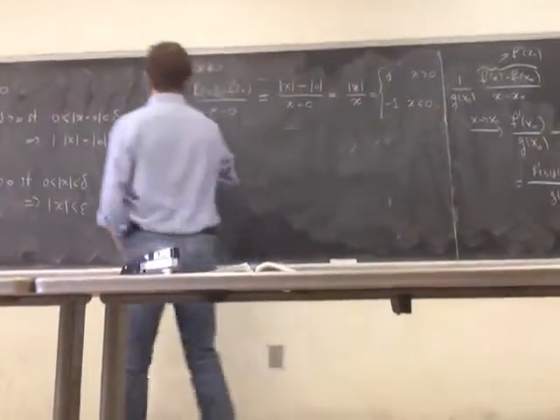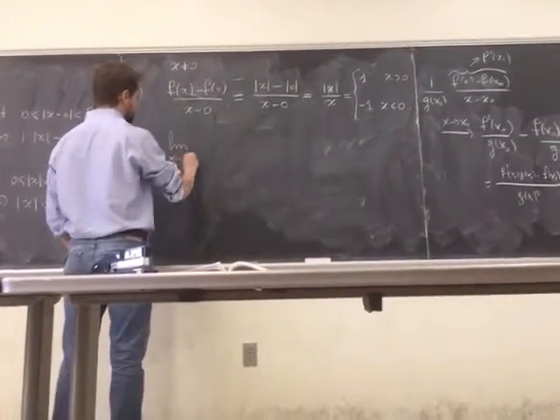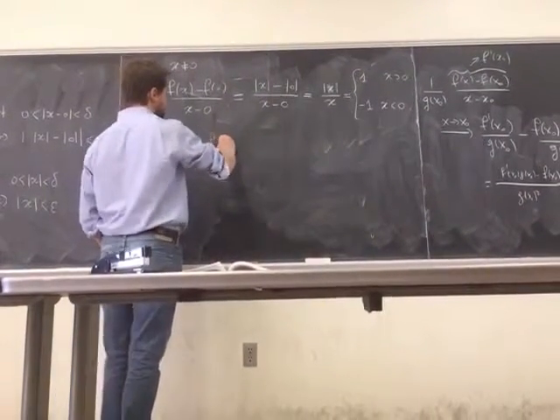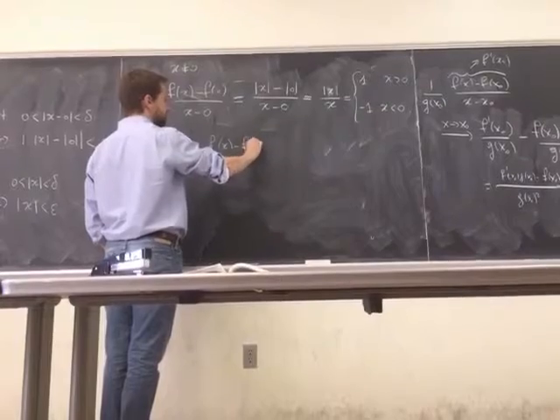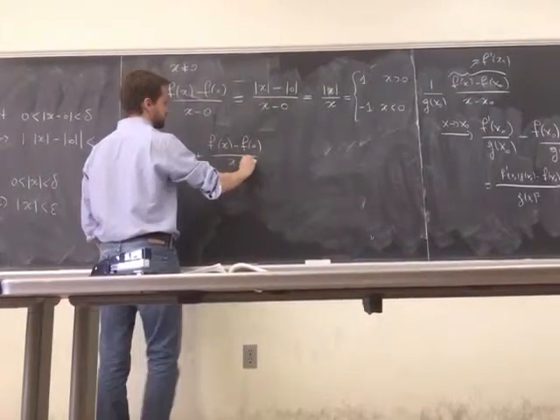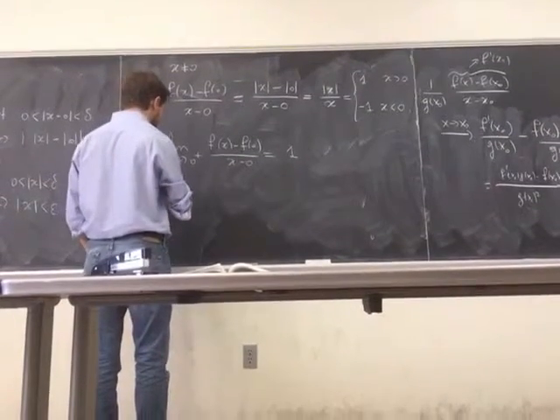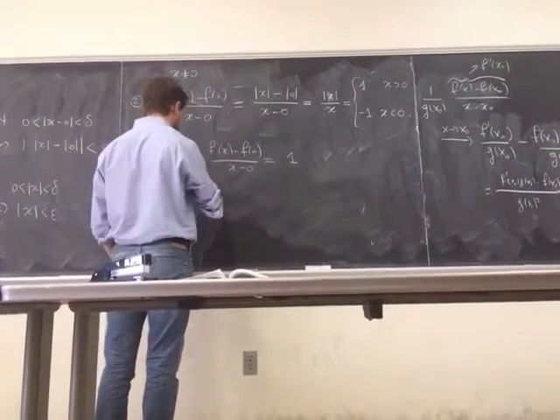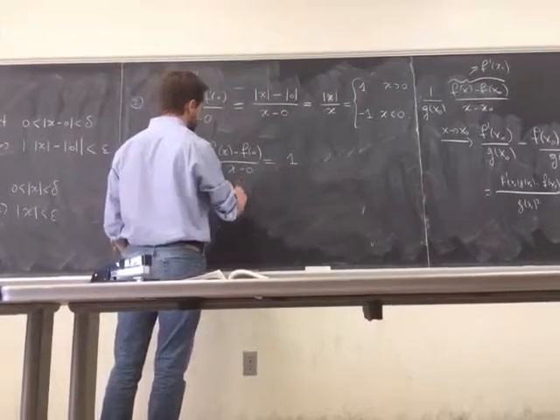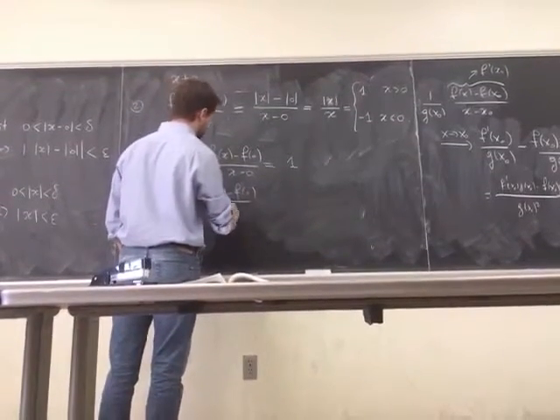So the limit as x goes to 0 from the right of the incremental ratio of the absolute value at the point 0 is equal to 1. But the limit as x goes to 0 from the left of that same incremental ratio is equal to minus 1.